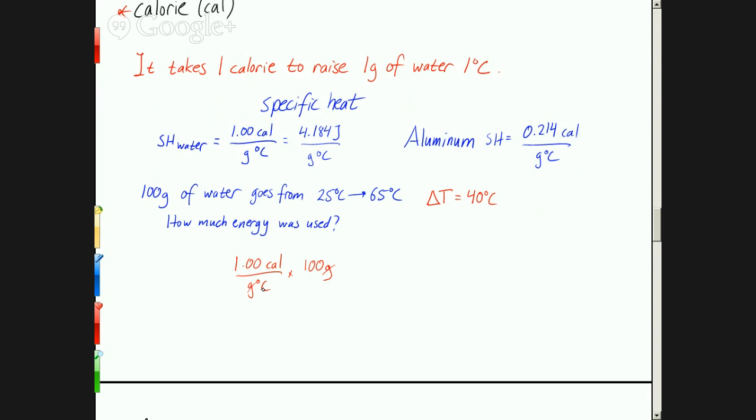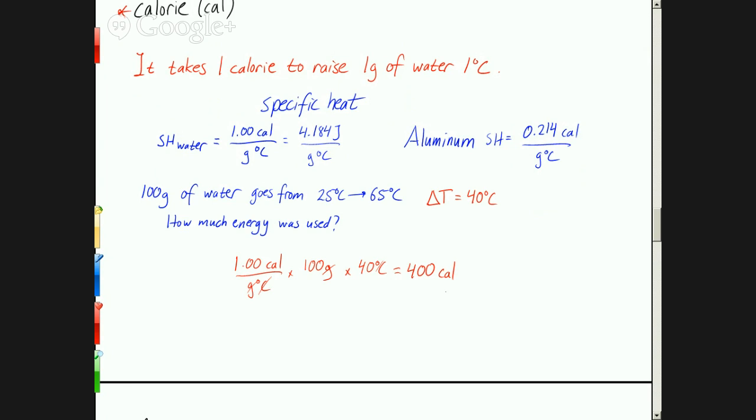So that cancels grams. But now we don't just have 1 degree C, we have 40. So we multiply by the change in temperature, 40. And that tells us that overall, it takes 400 calories to heat 100 grams of water from 25 to 65. Right, so grams cancel, degrees C cancel, and we're left with calories.